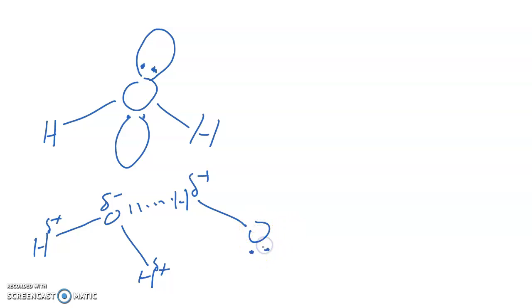Oxygen over here with lone pair, this lone pair will create a force over here. So this one is also dipole-dipole attraction because it's made from an atom with lone pair electrons, and it is so strong that it has its own category, and it is called hydrogen bond.